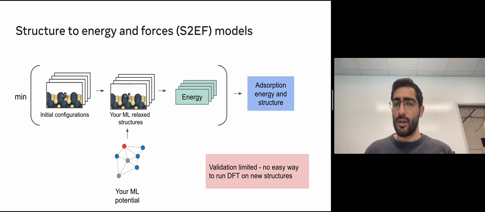We were able to do that before because we were releasing the ML relaxed structures, so we just did the DFT calculation ahead of time, and we know it's the same structure that you'll be using. But here, your model may come up with different relaxed structures, and unless you have DFT to validate this on your end, we don't offer a way for you to validate this to come up with an accurate success rate.